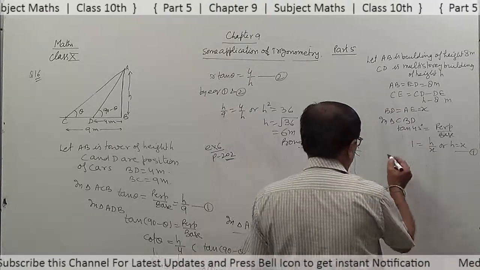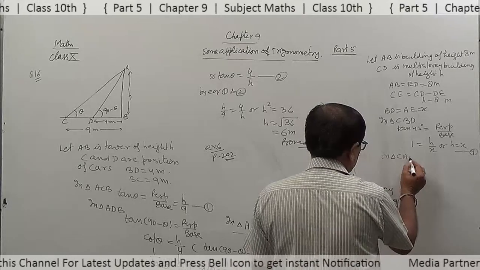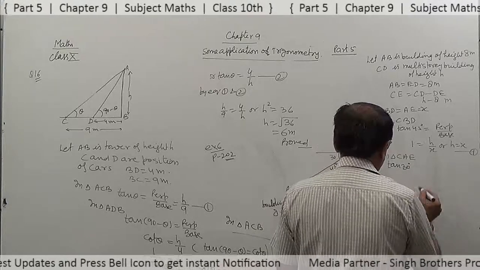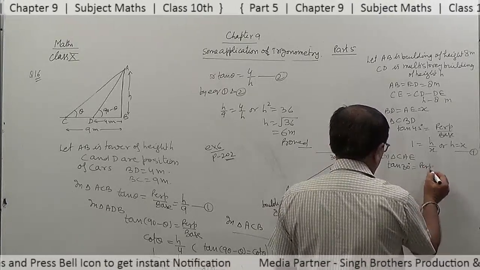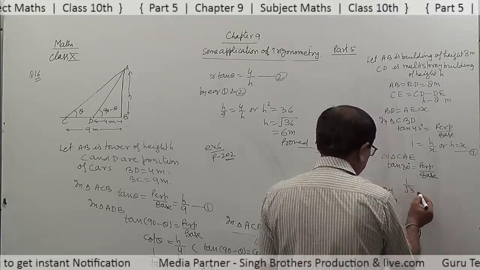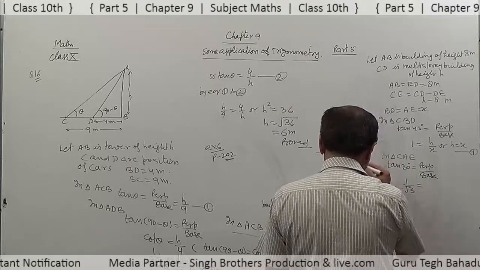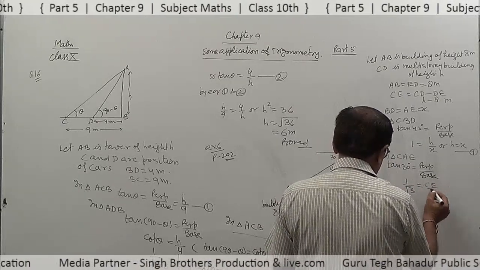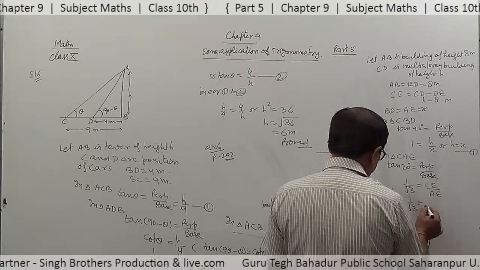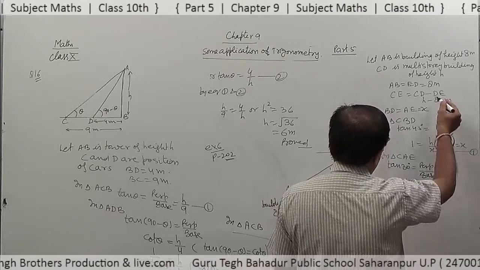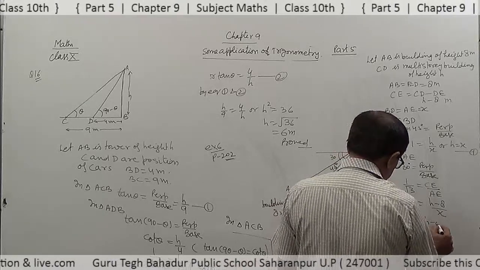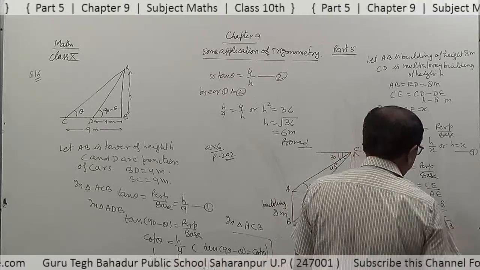In triangle CAE, tan 30 is perpendicular upon base, tan 30 is 1 upon root 3, perpendicular is CE upon AE, 1 upon root 3 is equal to h minus 8 upon x, x is equal to h minus 8 times root 3.